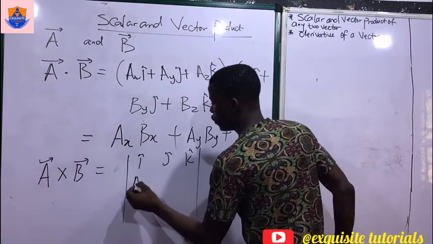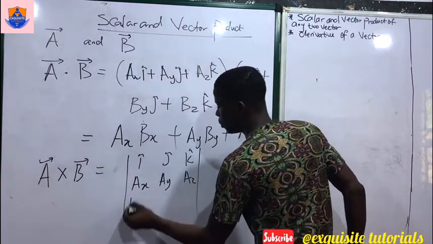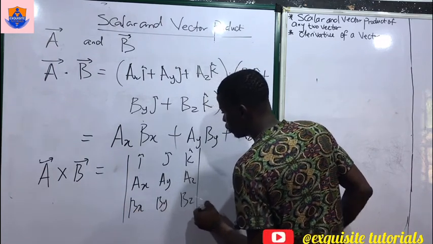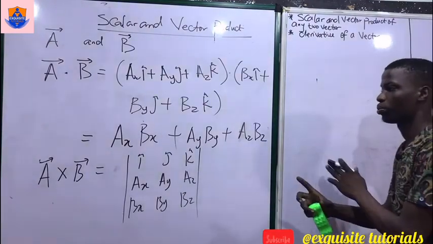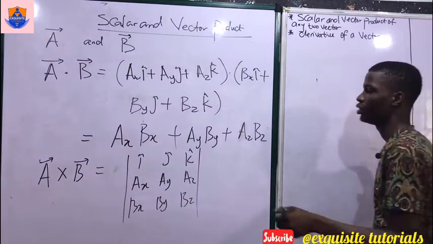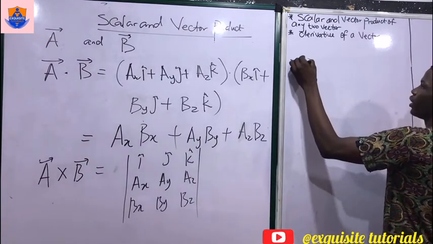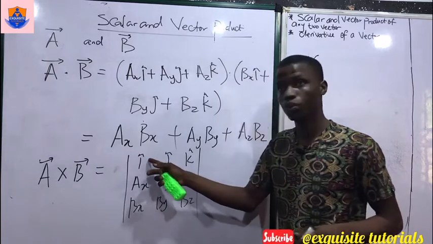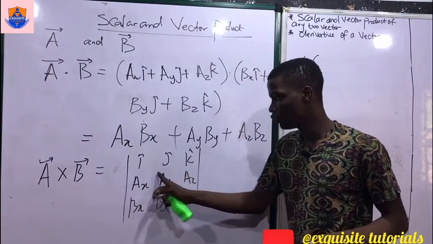So my A of x, A of y, A of z, B of x, B of y, B of z. I want to now cross product it. The value I get at the end of this is my i into bracket. If you are to cross product the i, first of all, this part is going to be hidden, and you'll be left with this part.